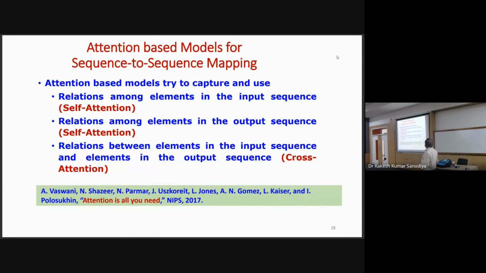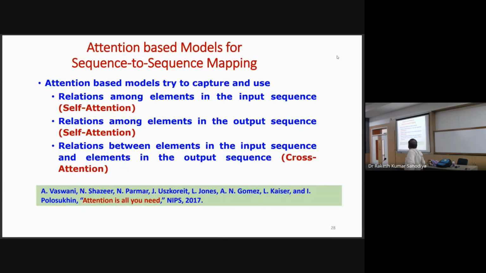If you are capturing relations among the elements in one sequence, then we refer to it as self-attention. So we are doing this sequence mapping task. You have the input sentence, so you want to capture relations among the elements of the input sentence. That's self-attention. And similarly, there is an output sequence, and you want to capture relations among the elements in the output sequence. That's also self-attention.